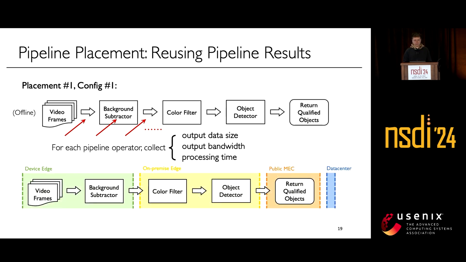For example, in the following placement choice, we can use our collected results to compute the time it takes to move the output of the background subtractor and the output of the object detector across different edge tiers. In this case, we also scale the ML inference latency in our ML model to reflect the difference in compute power across different edge tiers.